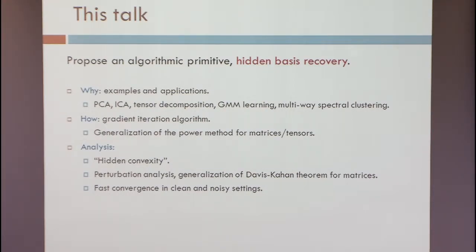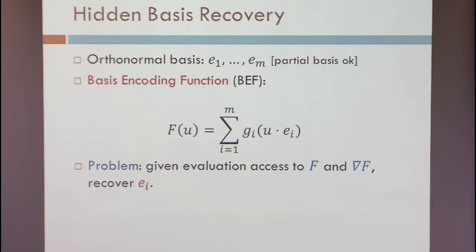Okay, so first let me start by telling you what it means to recover a hidden basis. Suppose you have an orthonormal basis E1 through EM, and it's okay to have a partial basis. For example, even one element for me is a basis. We define the basis encoding function f of u to be the following.